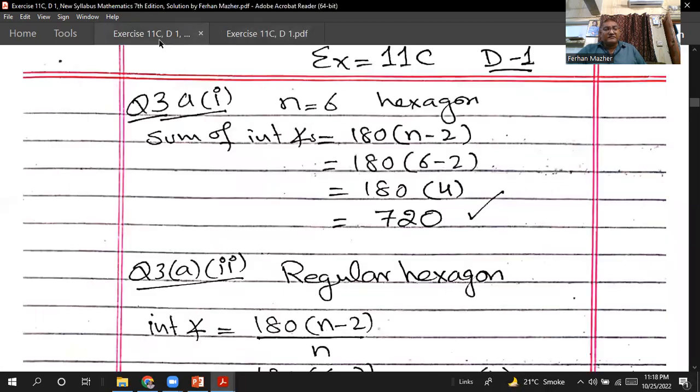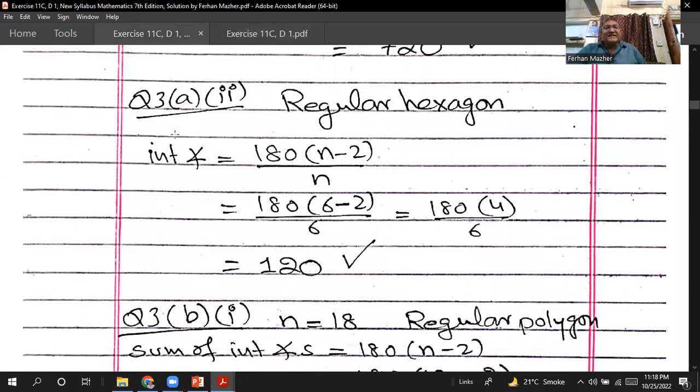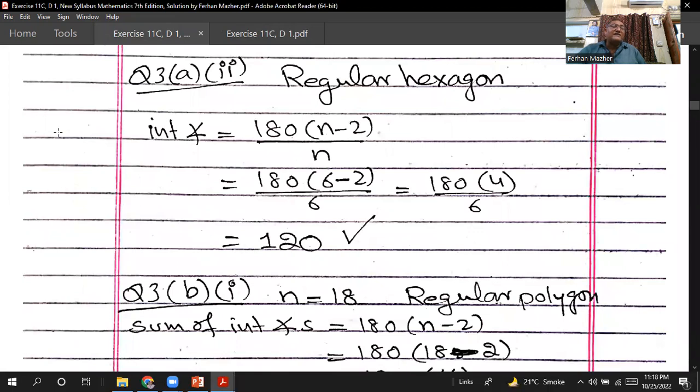Hence find the size of each interior angle of a regular hexagon. So when I say regular hexagon, the regular hexagon means all the 6 sides are equal to each other, and also all the 6 interior angles are equal to each other. In the case of a regular polygon, the single internal angle will be equal to 180 bracket n minus 2 bracket close, and whole thing divided by n.